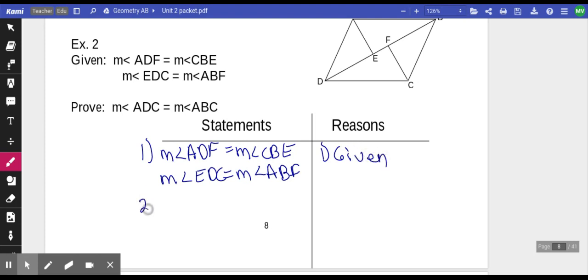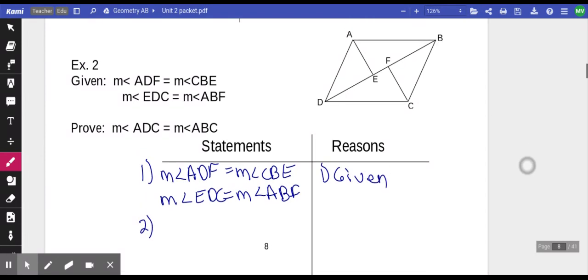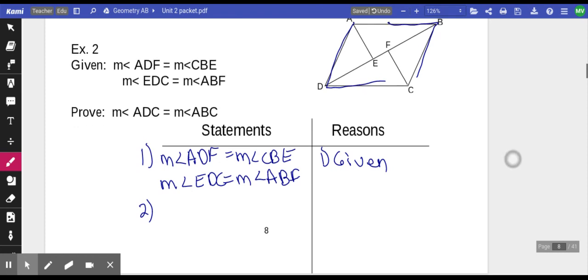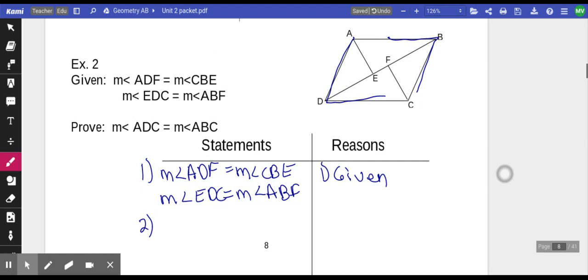And then step 2, if we look at our drawing, we're trying to prove that angle ADC is equal to angle ABC. So ABC is really ADF plus FBC, or CBE, and ADC is equal to ADF plus EDC.